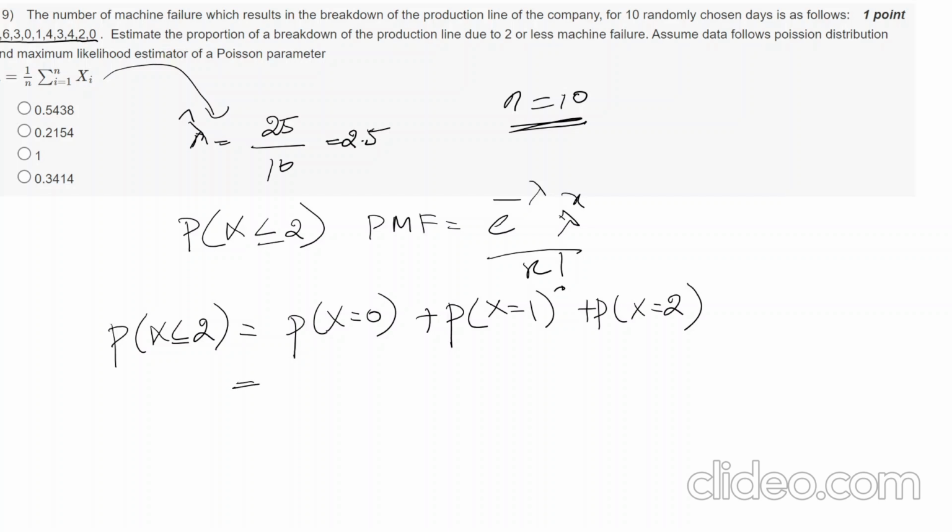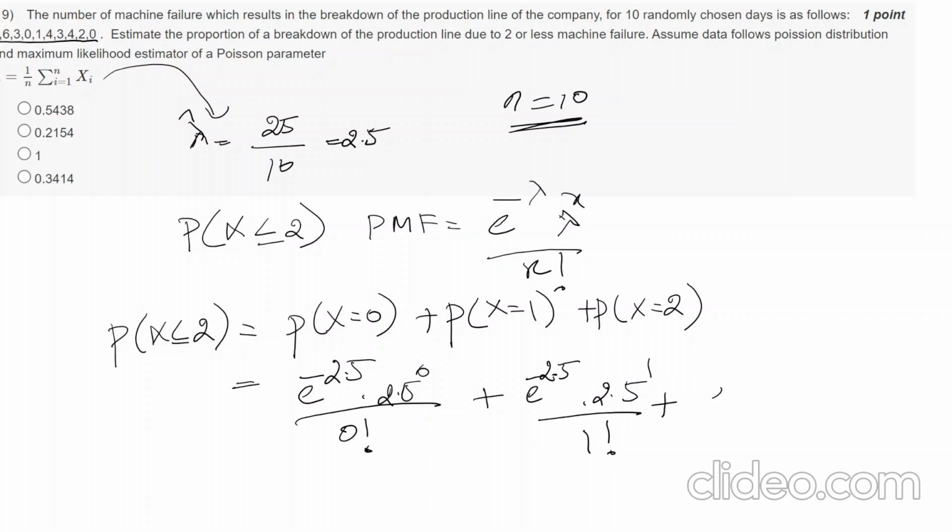So the probability of x equal to 0 is e power minus 2.5 into 2.5 power 0 by 0 factorial, plus 2.5 power 1 by 1 factorial into e power minus 2.5, plus e power minus 2.5 into 2.5 whole power 2 divided by 2 factorial.